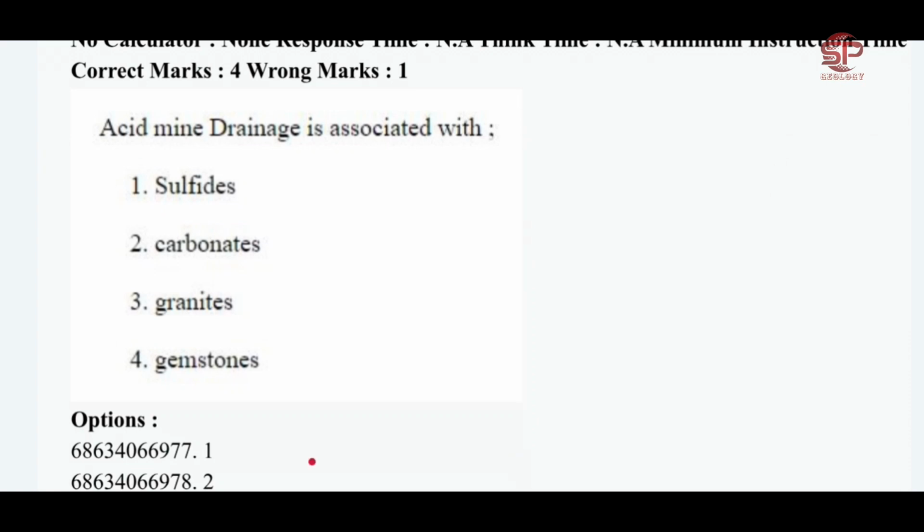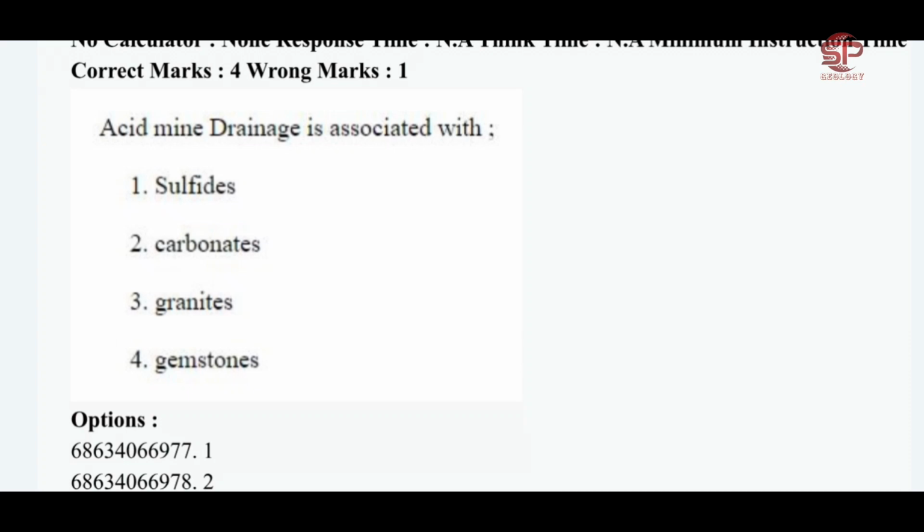Also, acid mine drainage. Acid mine drainage is the formation and movement of highly acidic water rich in heavy metals. During exploration and processing of heavy metals, the wastes produce acid mine drainage.